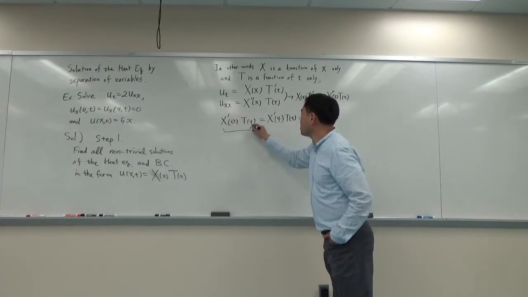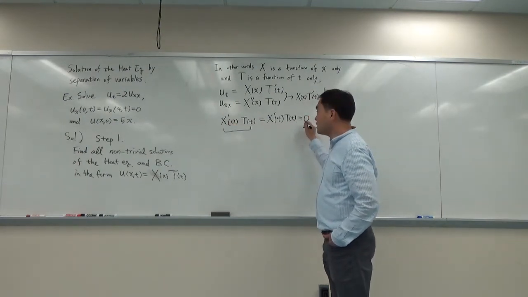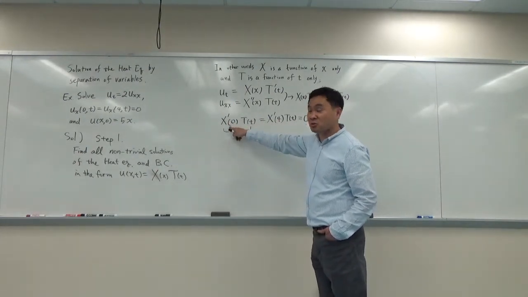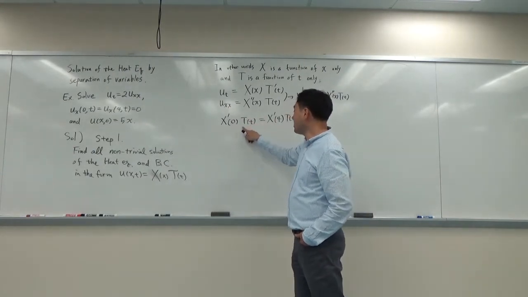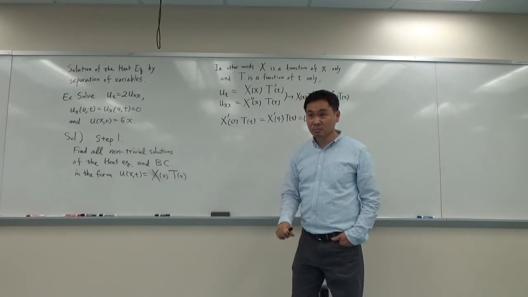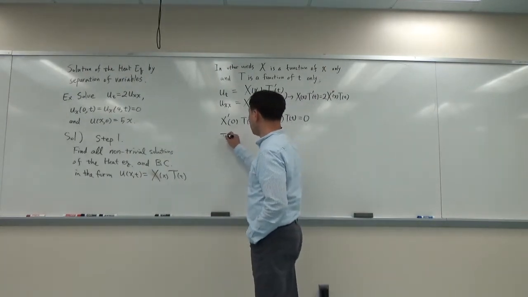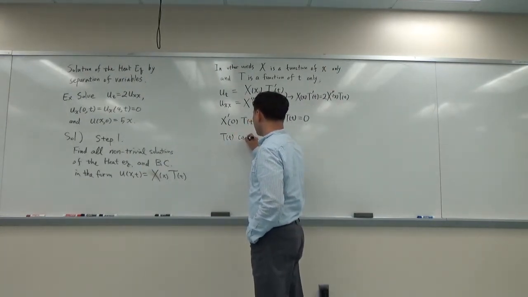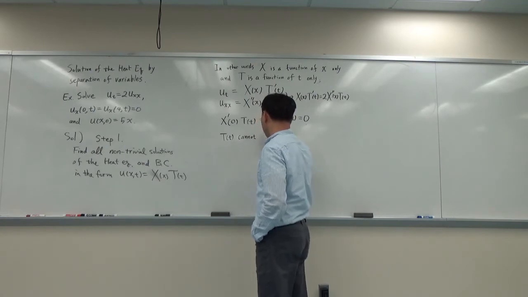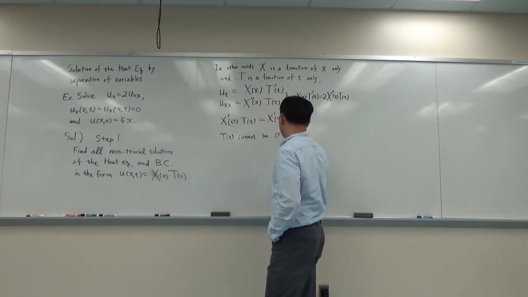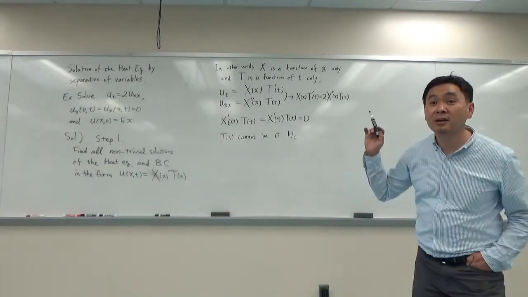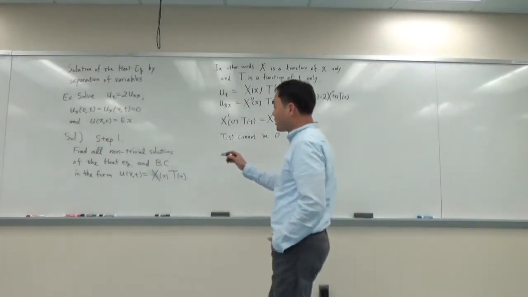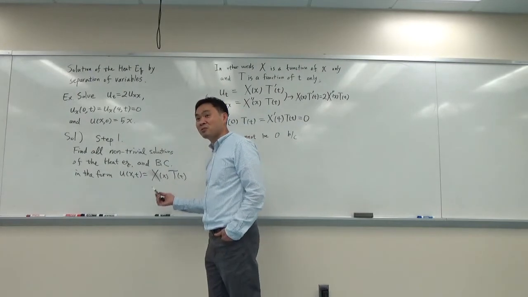If two things multiplied are equal to 0, then it's either X prime of 0 equal to 0 or T of t equal to 0. But I don't like T of t being 0. T of t cannot be 0 because we want non-trivial solutions. Of course, 0 would satisfy this for everything, but we don't want to find this trivial solution.